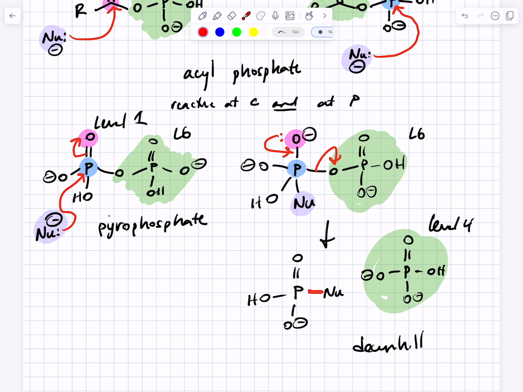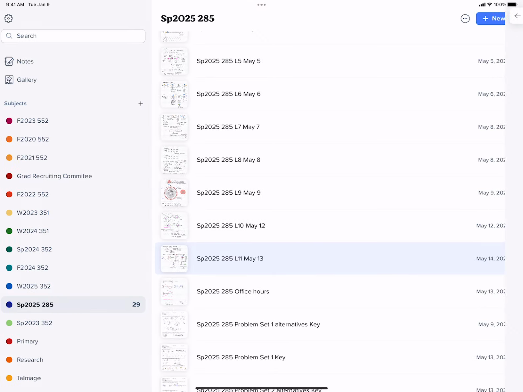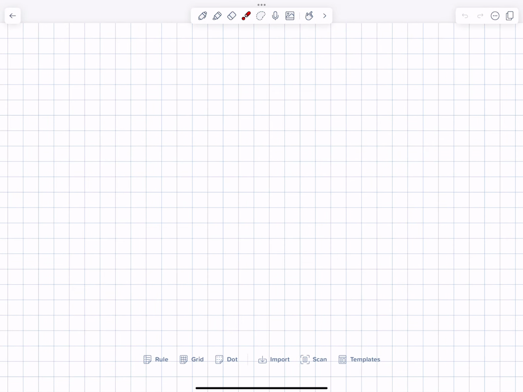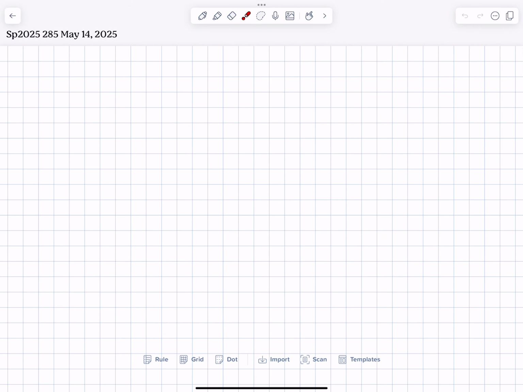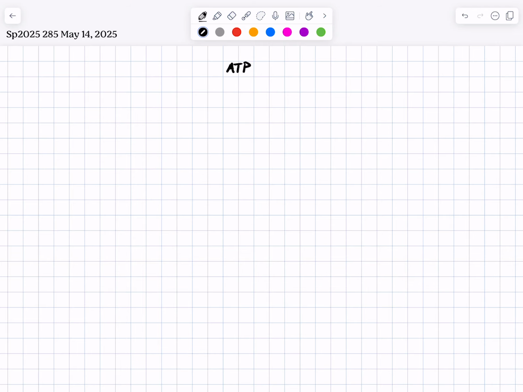Okay. Well, in addition to acyl phosphates, there are other kinds of phosphoryl compounds that you want to be familiar with in this class. One of them is ATP, and ATP is going to be an example of a level 1 molecule.